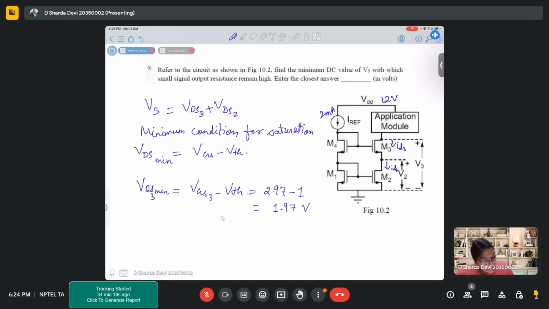And now similarly for this particular transistor, if we say VDS to minimum, how much can it be?